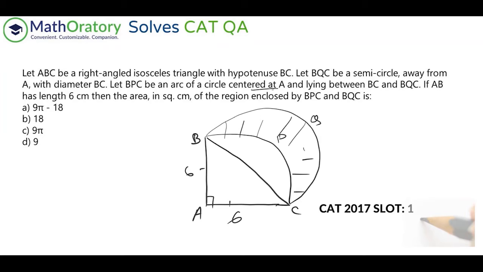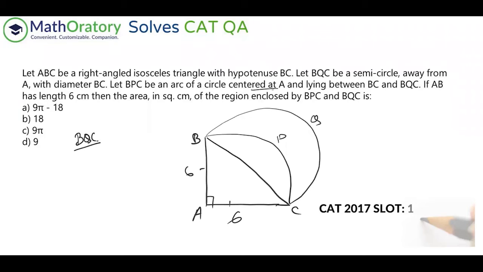So let's do it in this way. 6 and 6, right? First, let me consider the area of the semicircle BQC.